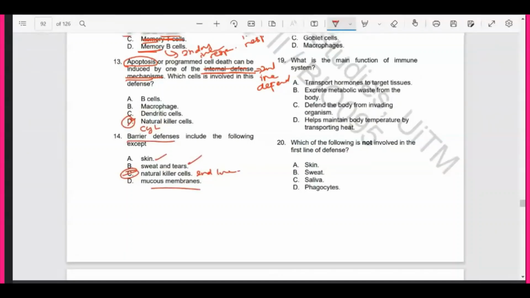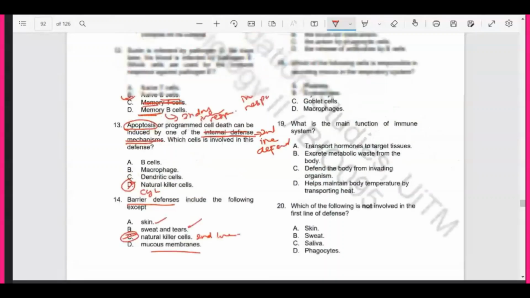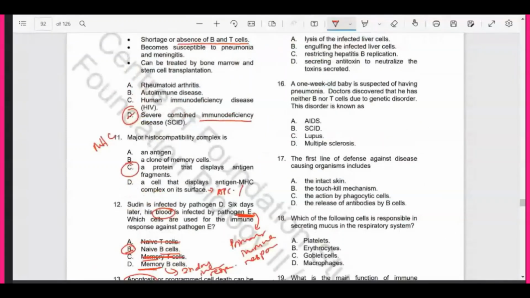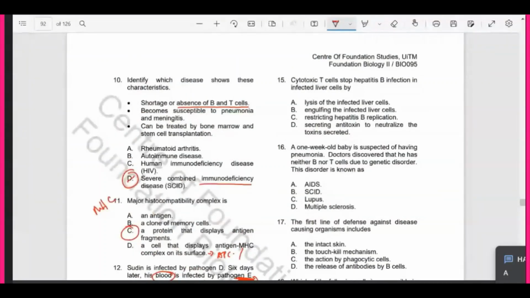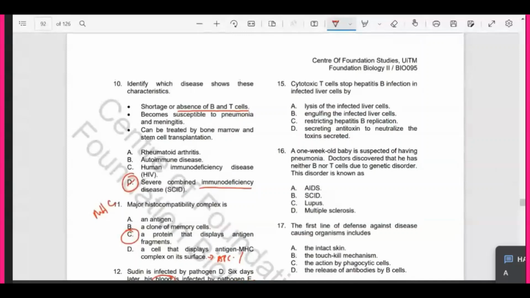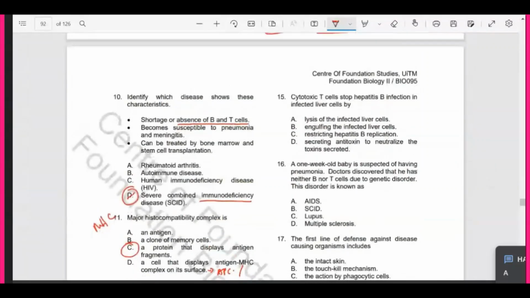Okay. So last question, Hana, untuk your group. Number 15. Okay, tak apa.